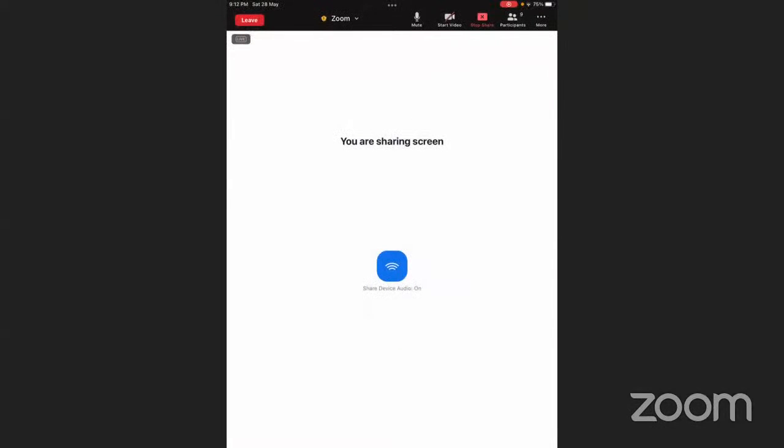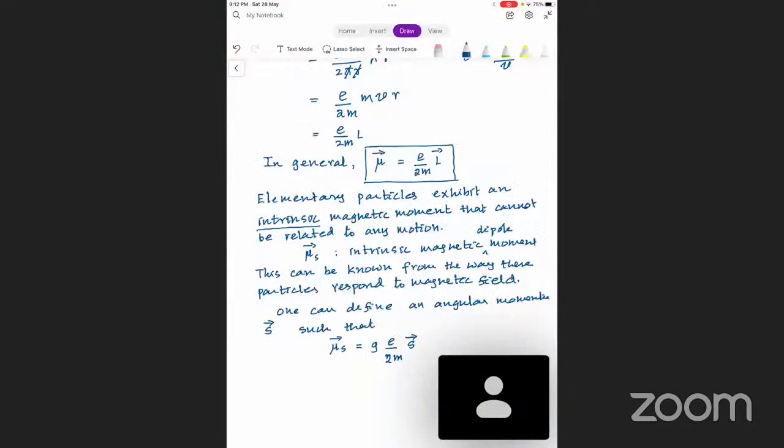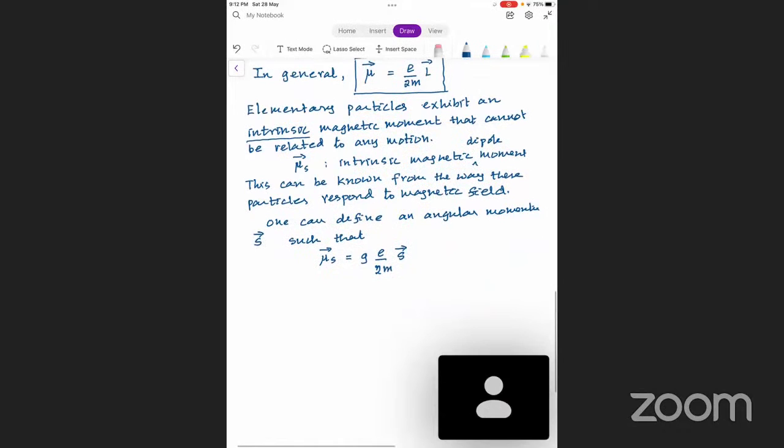Okay, can you see it now? Yes, sir. So the right way to say is that we can postulate an angular momentum.